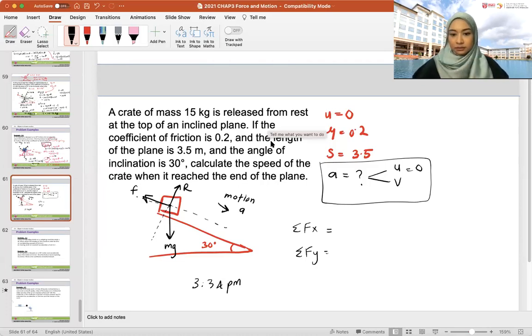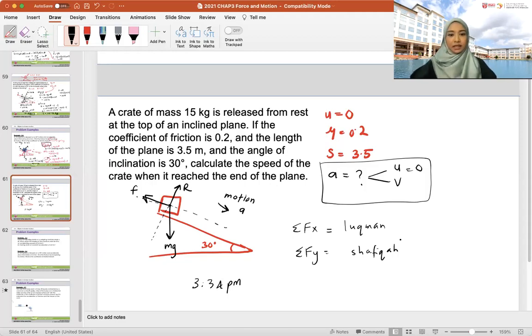Okay. So Luqman, Shafiqah. The rest of you get ready juga because if they don't get it, I'm going to ask you guys to answer. Kita dah buat banyak sangat example, so you should know how to write the equation by now.